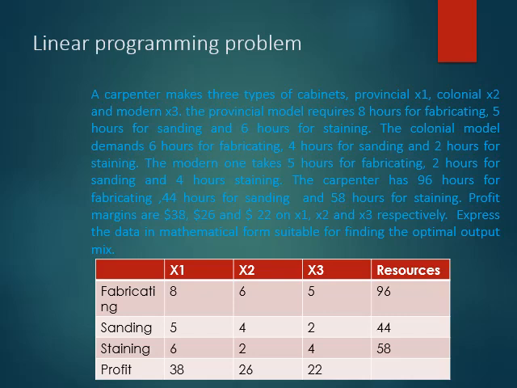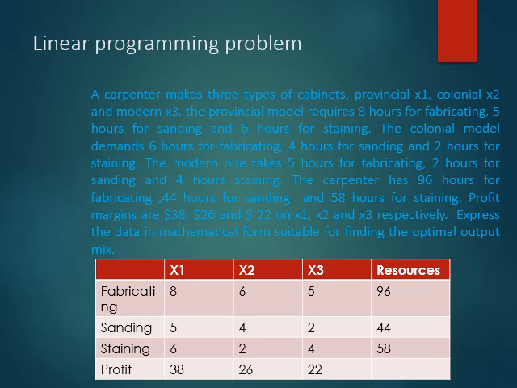Let us design a table for example 5 in order to help us construct the linear programming problem. This table consists, of course, of 3 decision variables, x1, x2, x3, and the first column consists of 3 processes: fabricating, sanding, staining, and the profit.